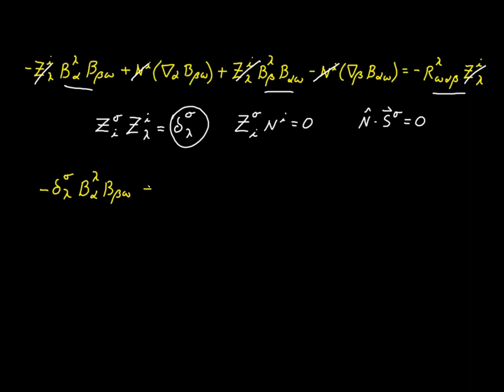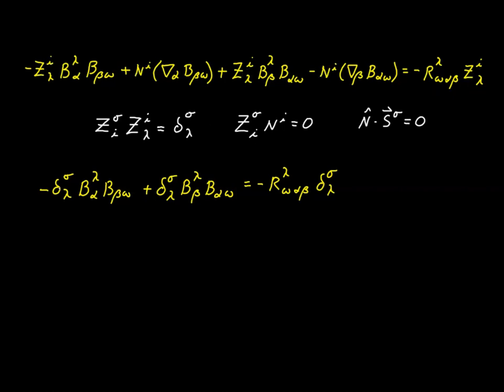That's going to give us a plus delta sigma lambda b lambda beta times b alpha omega. And both of these are zeros, and we're left with this term over here, which is negative r lambda omega alpha beta times delta sigma lambda.